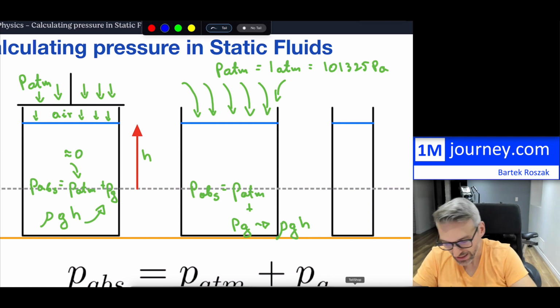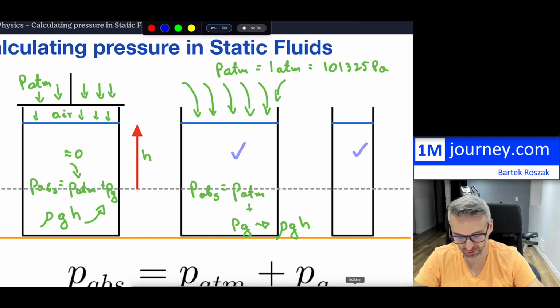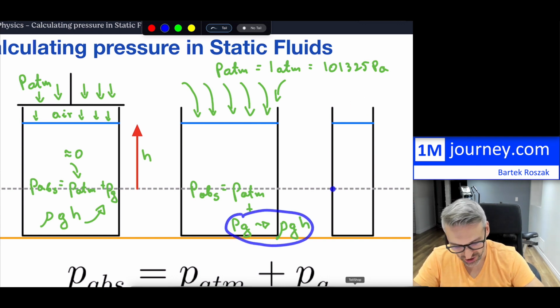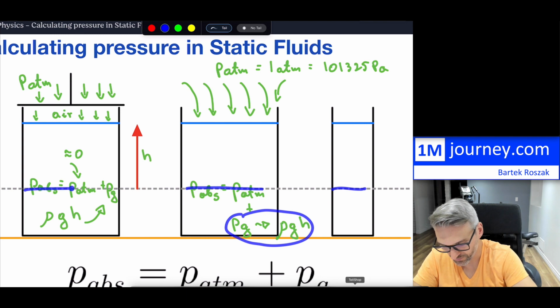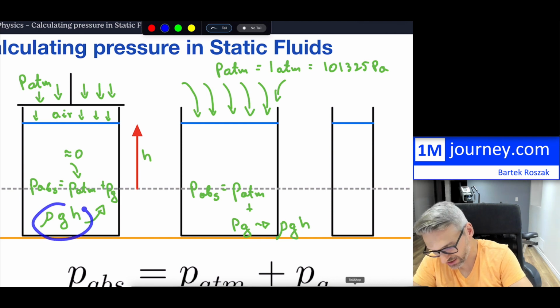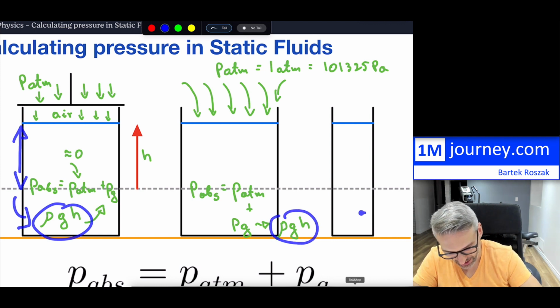So these two have the same absolute pressure. Both of these are under the atmospheric pressure because there is no lid. They have the exact same gauge pressure that you would have in here. And now this one, even with the lid, the pressure coming from the weight of the fluid would be the same in all of these.